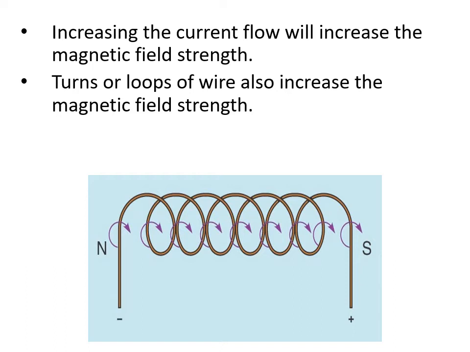Increasing the number of loops or turns in a coil increases the magnetism, because the magnetism of one wire sitting next to another one will add its magnetic flux to the wire beside it. And as we continue to add more wires side by side, we will increase the overall magnetic flux.